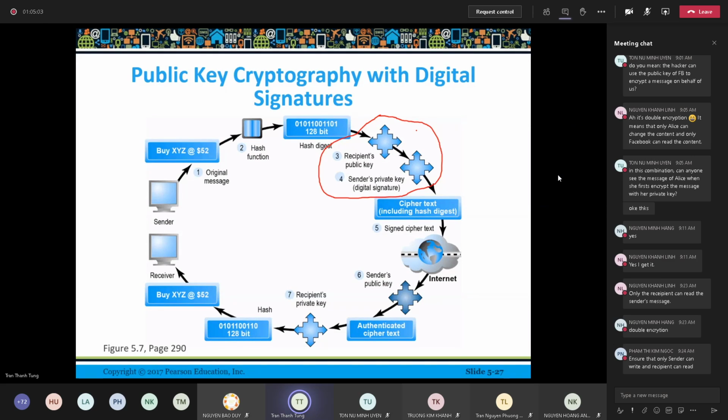And because we use the private key of the sender, we can ensure that only the sender can write down that request. Yep, that's what we have.